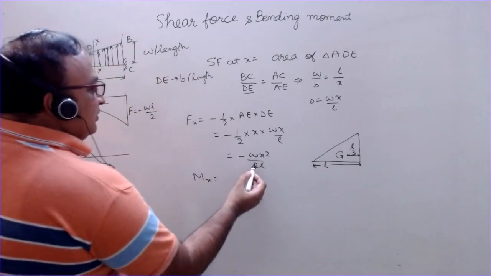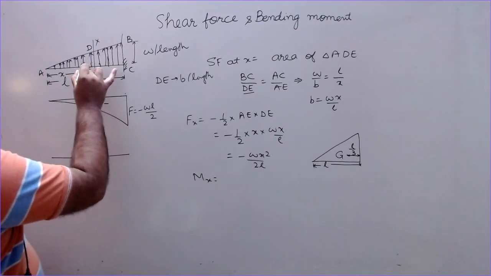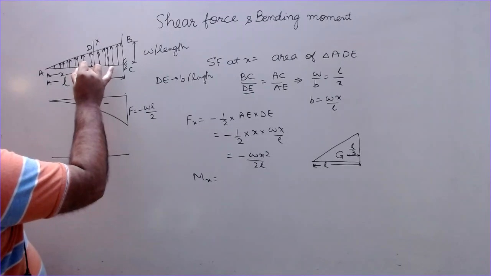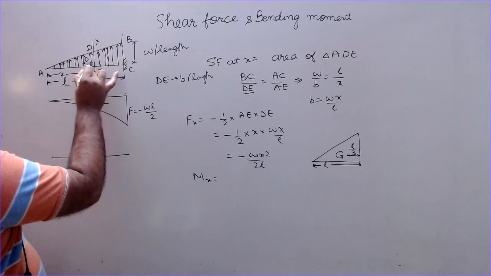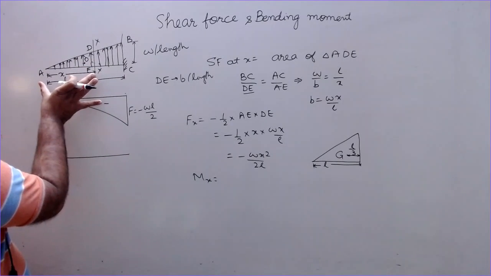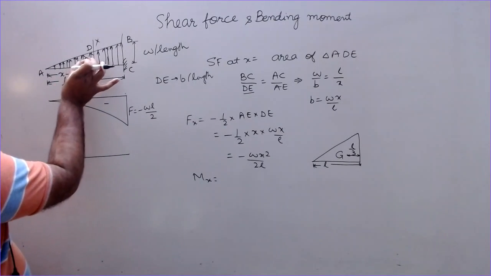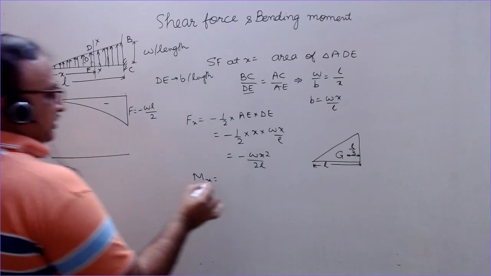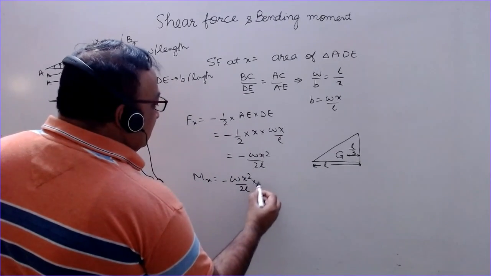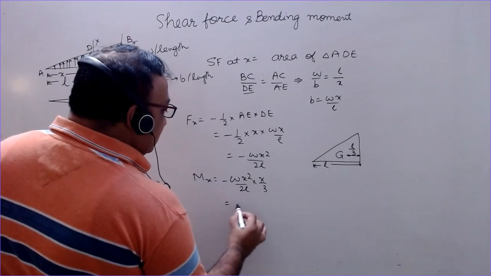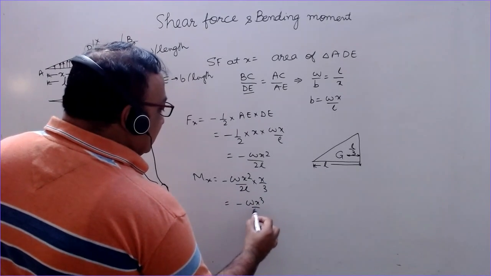So Mx is force multiplied by the distance of the point of application of this force from this section. Say this point is O. So this distance is x divided by 3. This total is x, this is x by 3, this is 2x by 3. So minus Wx square by 2L into x by 3, minus Wx cube by 6L.